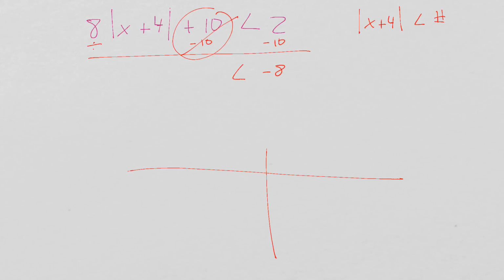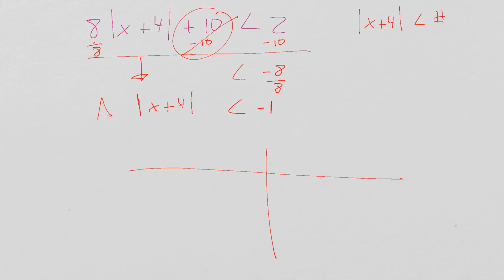And then I'm also going to divide by 8, both sides. Divide by 8. And when I do that, basically I'm going to wind up with the absolute value of x plus 4 is less than -1.